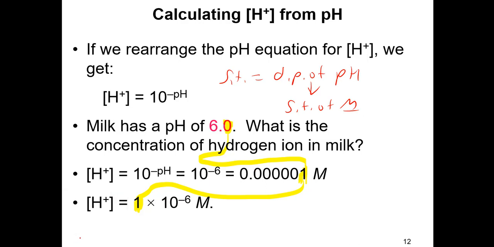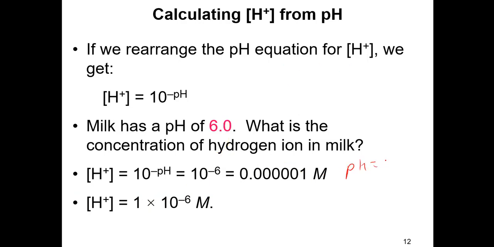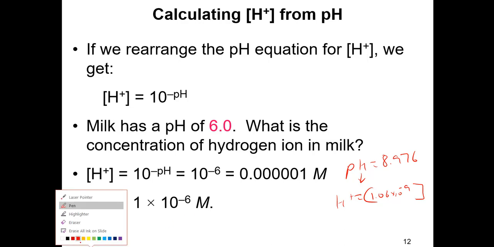Let's do another one. I could start off giving you a pH of 8.976, and then using the anti-log function of a negative pH, you are going to get 1.06 times 10 to the negative 9.